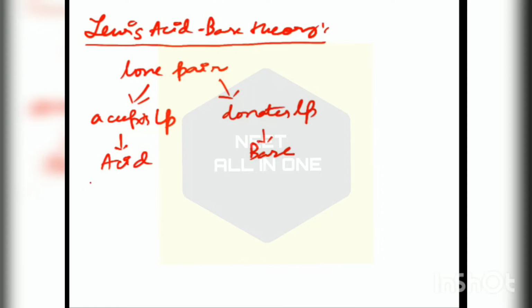So let's see which are the substances that can be included in Lewis acid. So first will be the cation of D block element. Okay, so let's write it, cation of D block element.